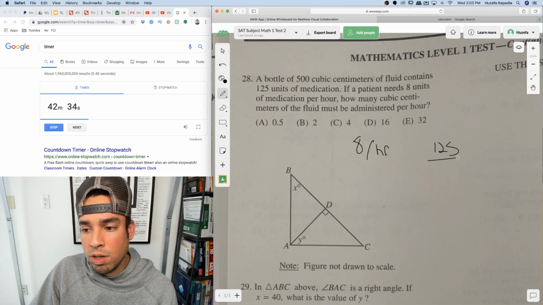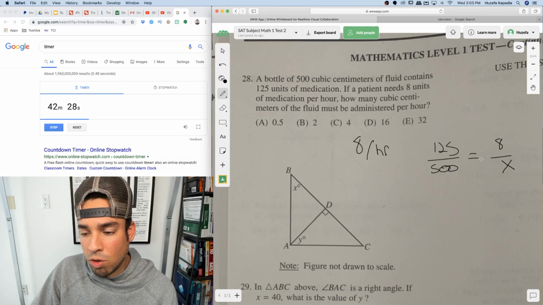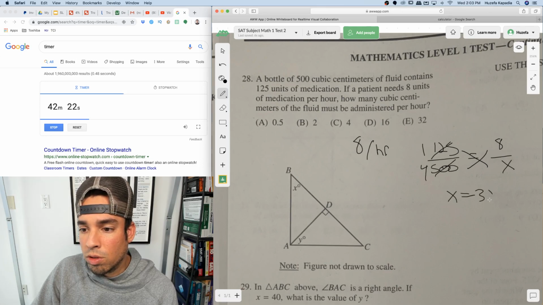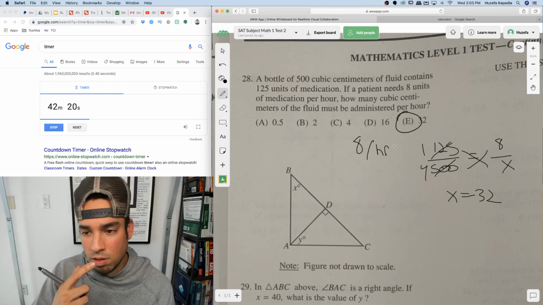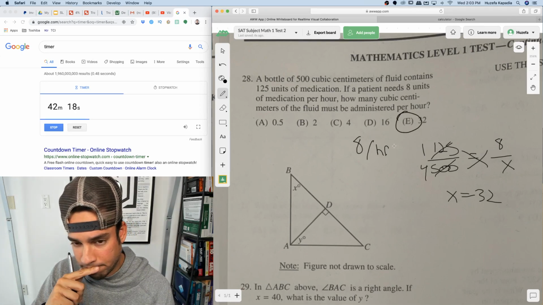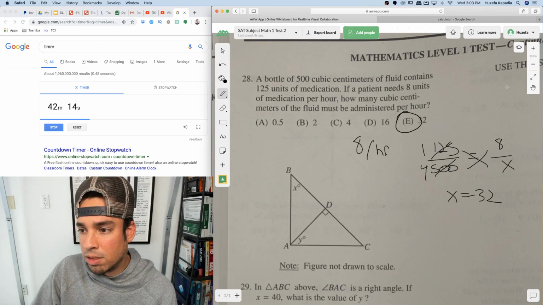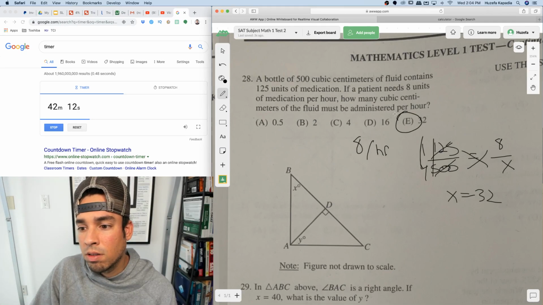So 125 units in 500 cubes, and we need 8 units in how many, and then we cross multiply. This reduces to 1/4, then x equals 32. That makes sense, right? Yeah, that makes sense.